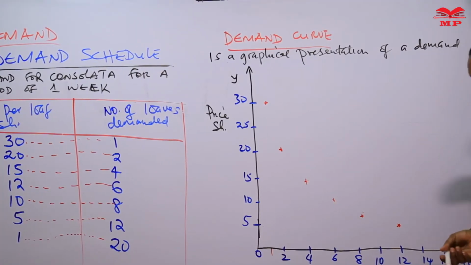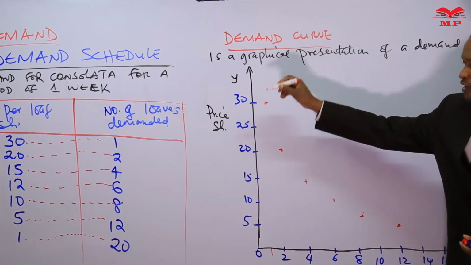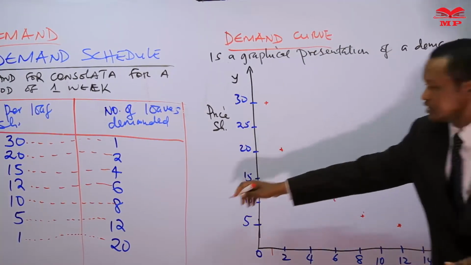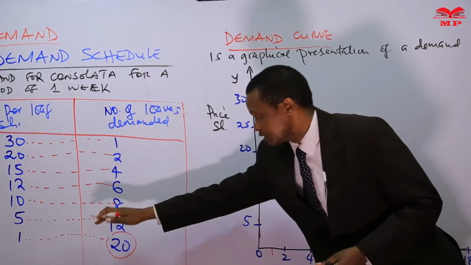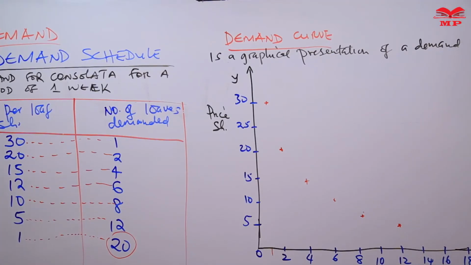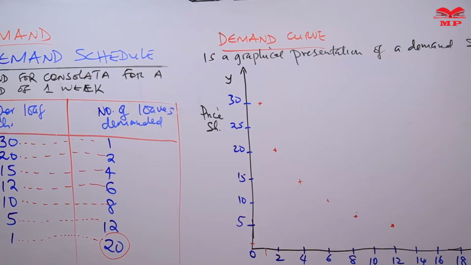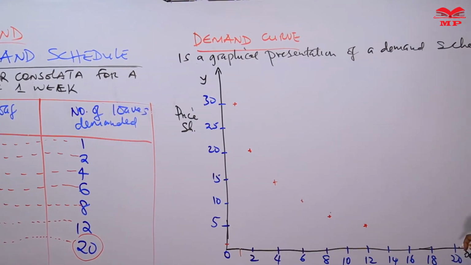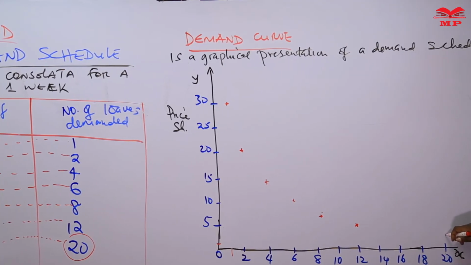On Sunday, when the price of bread goes down to 1 shilling, you can see she's bought the highest number of loaves because that is the lowest price during that week. So she buys here, so we have 1 here. She'll buy 20 loaves.